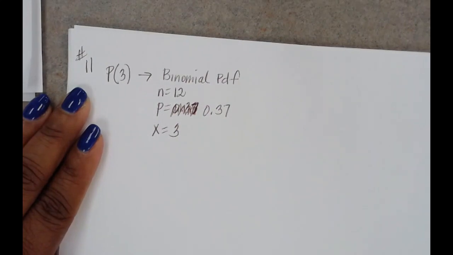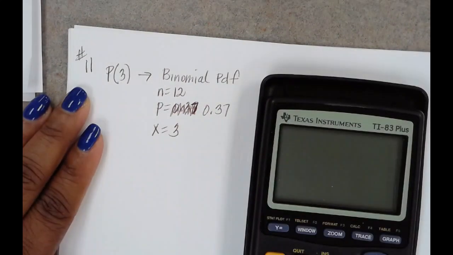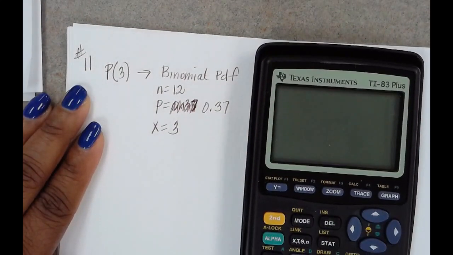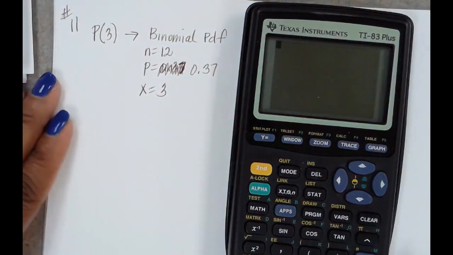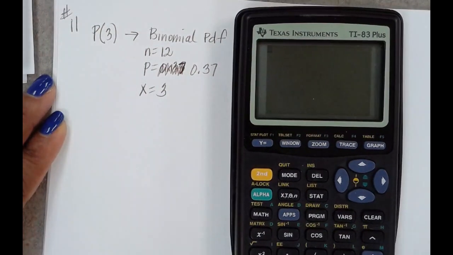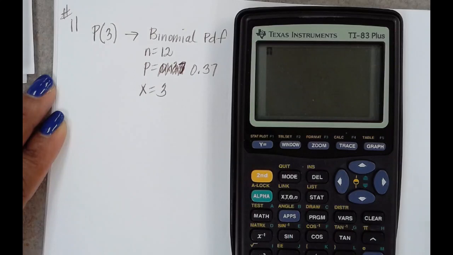Alright, let's go to our calculator and calculate the probability of 3 people having cashews as a favorite. Second, vars, option 0. Enter in that order N, P, and X. N is 12, comma.